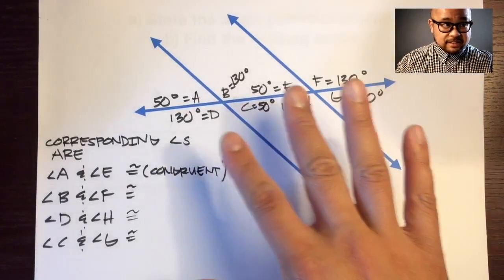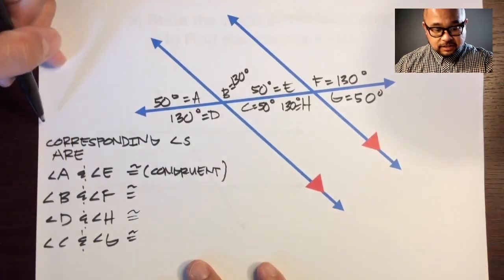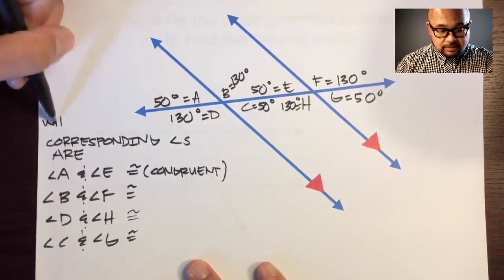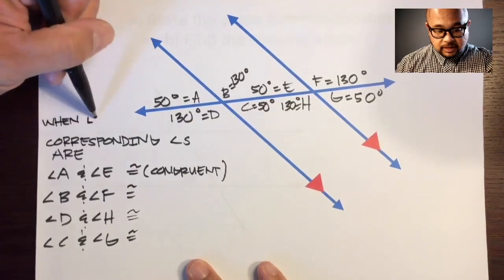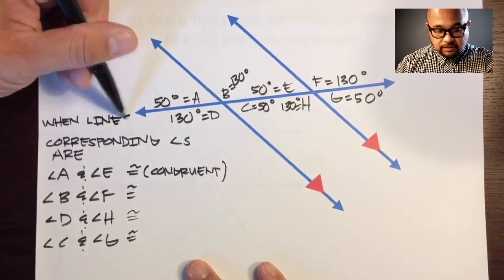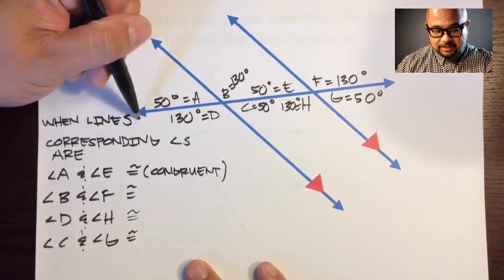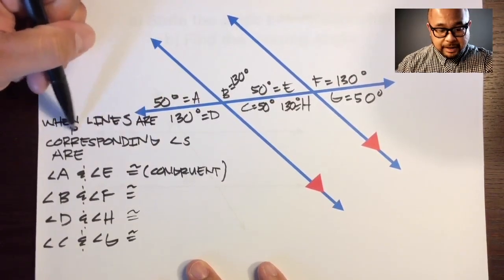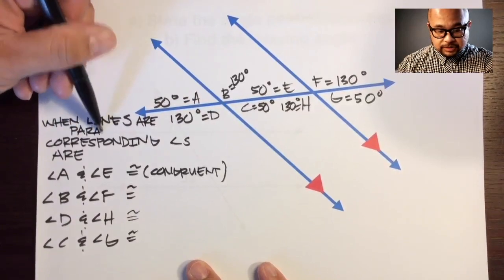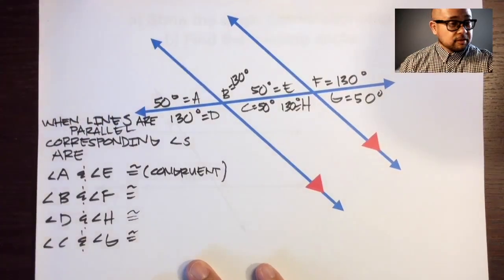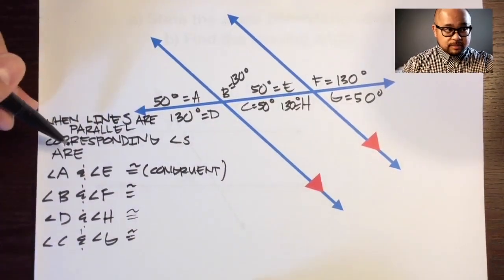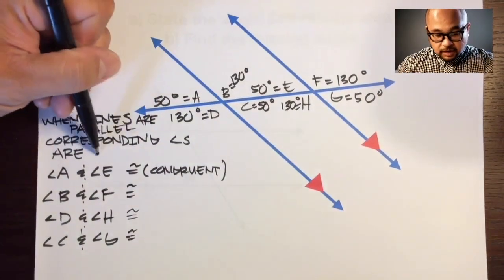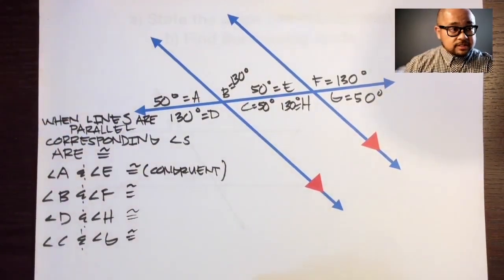So what can we conclude? That when lines are parallel. Okay, let's write, sorry, I forgot to tell you guys to write this at the beginning. When lines are parallel, or you can just write the two lines symbol for parallel, corresponding angles are congruent.